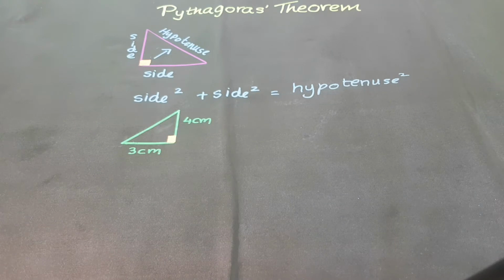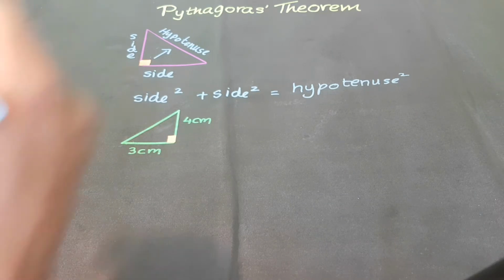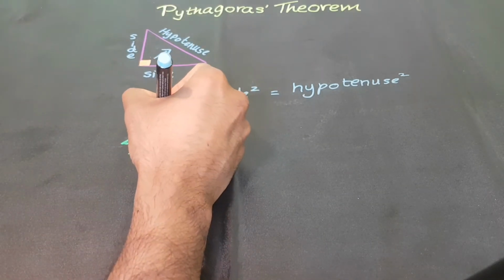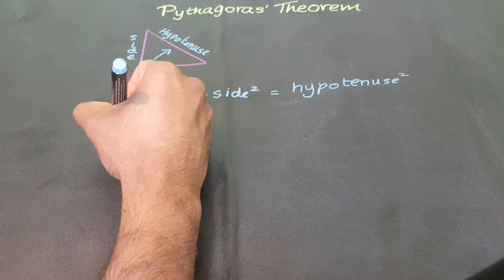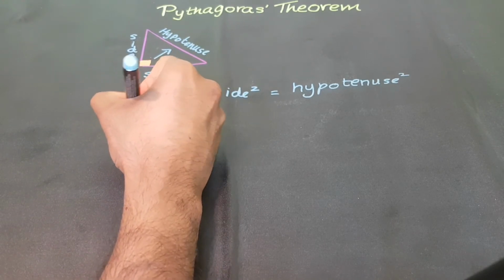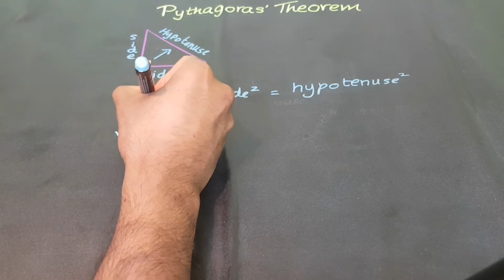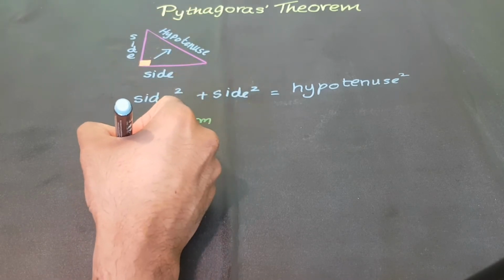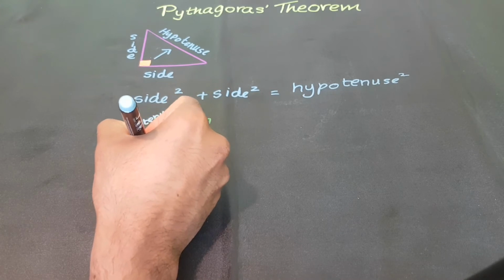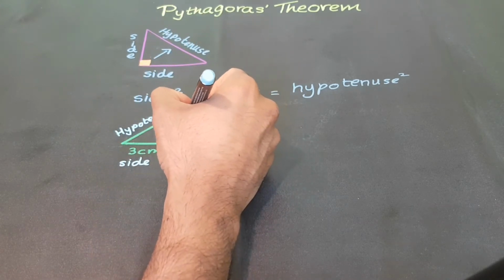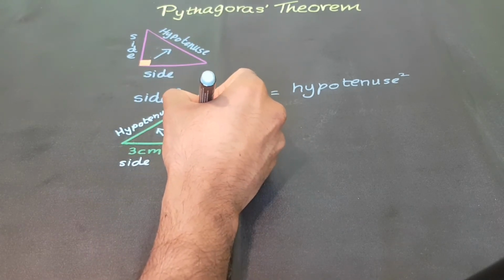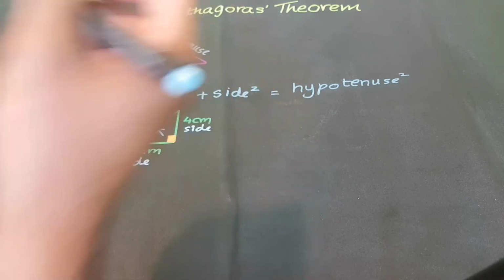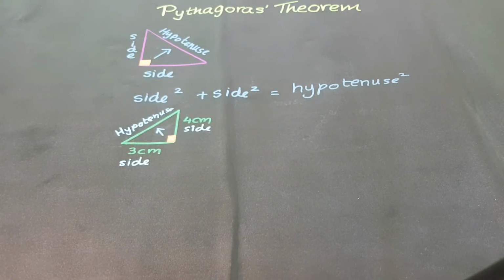That's my 90-degree angle. And the side opposite the 90-degree angle is my hypotenuse. There we go. It's labeled. Very good. I can call this 3 centimeter side a normal side, and the other side as well. So that's my triangle labeled.